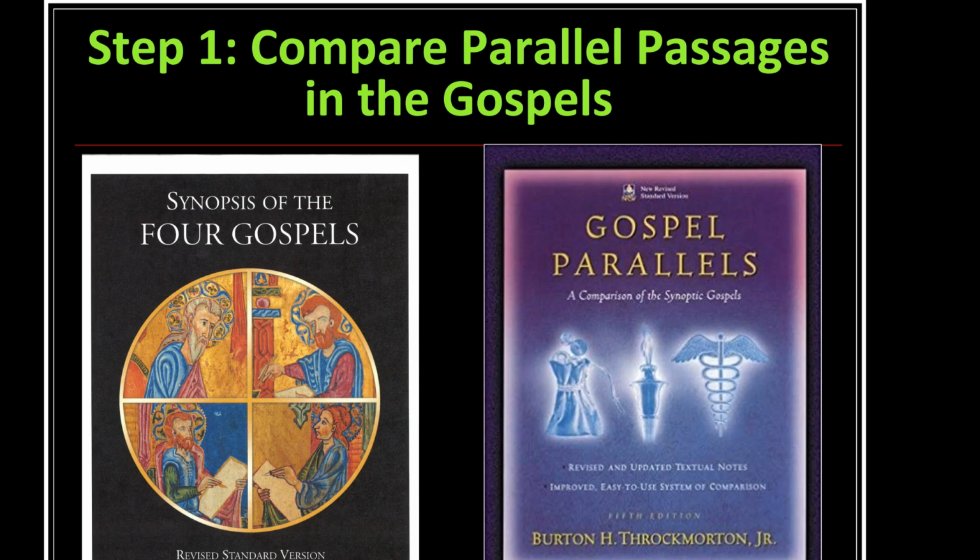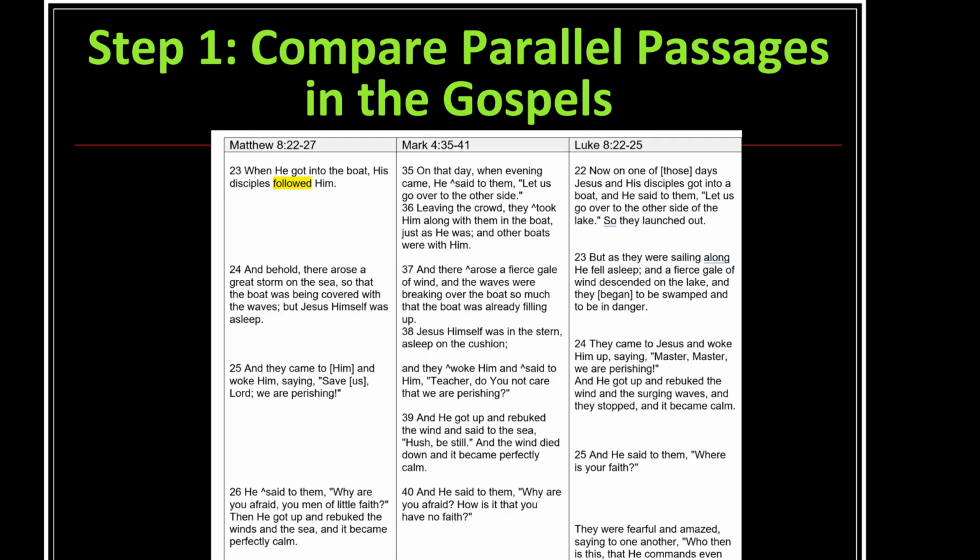If you are not interested in purchasing a book, there are resources online that provide information concerning the gospel parallels. As late as 2017, a gospel synopsis was available at www.gospelparallels.com.